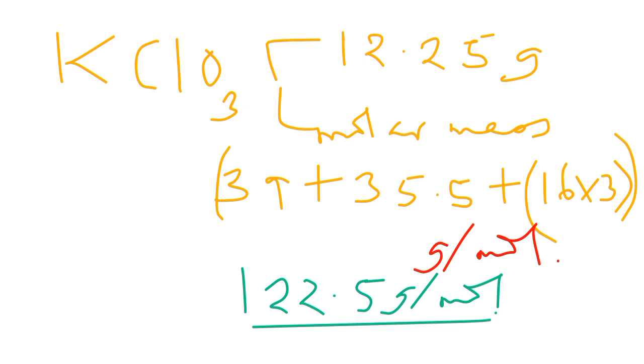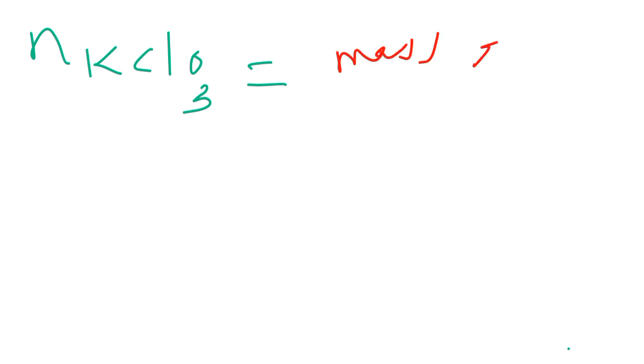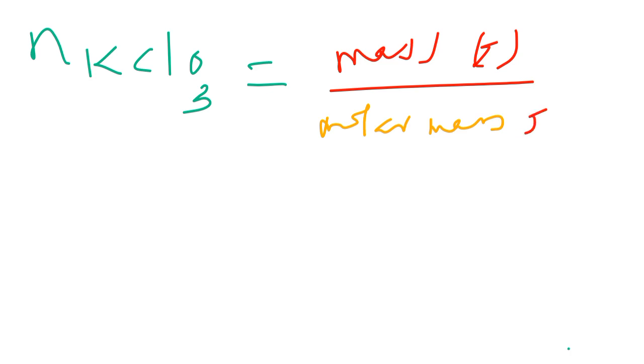The purpose of finding this data is to come to this formula: number of moles of potassium chlorate is equal to mass in grams divided by molar mass in gram per mole.